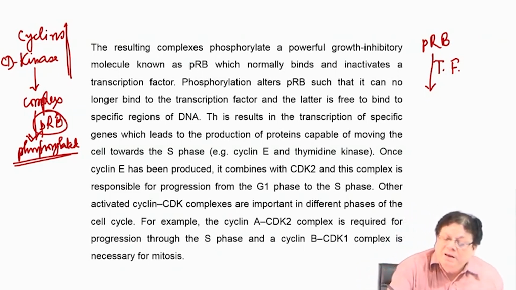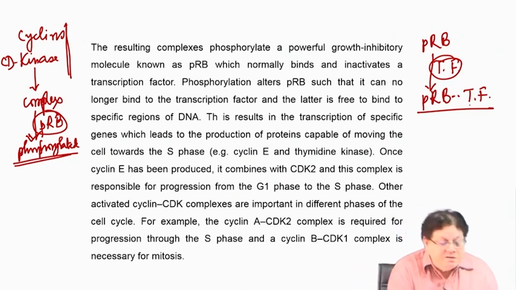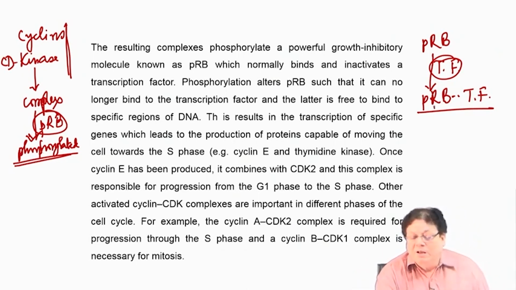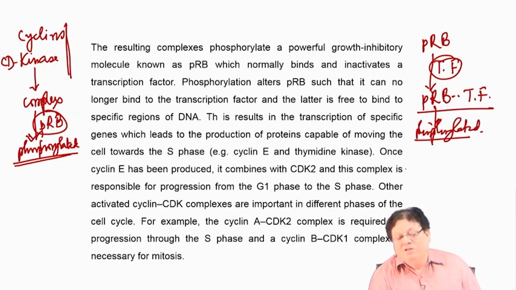So PRB usually binds to the transcription factor, and in that bound form the transcription factor is not active. So it cannot promote the expression of the gene. So what happens after the phosphorylation is done, if the PRB is phosphorylated, it cannot bind now, it falls off from the transcription factor.